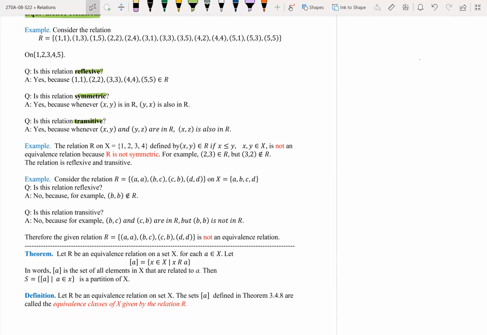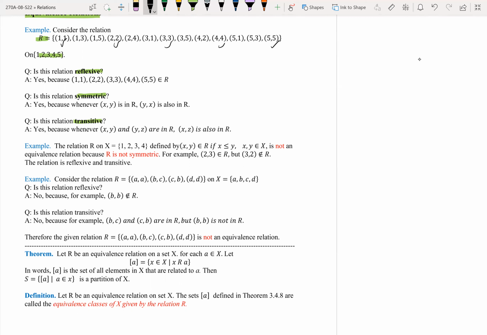This is an example where the set of ordered pairs is on your hand. Your set of inputs and outputs is from 1 to 5: 1, 2, 3, 4, 5. For being reflexive, you have to check if you're having 1,1; 2,2; 3,3; 4,4; 5,5. So that means this is reflexive.